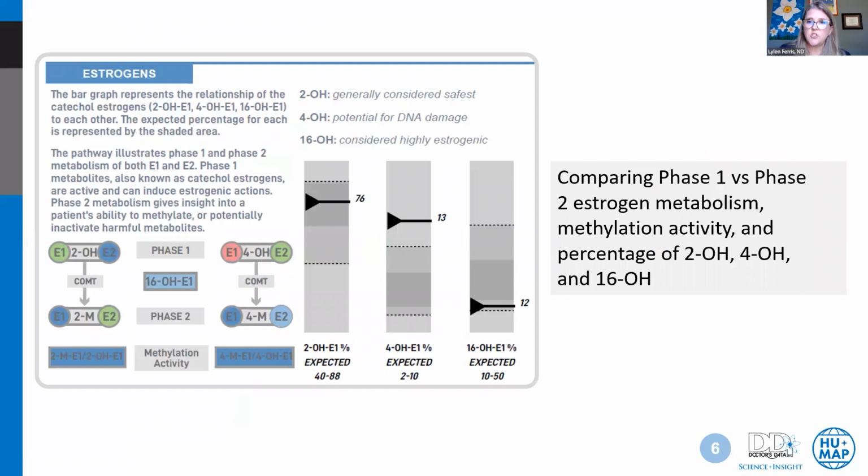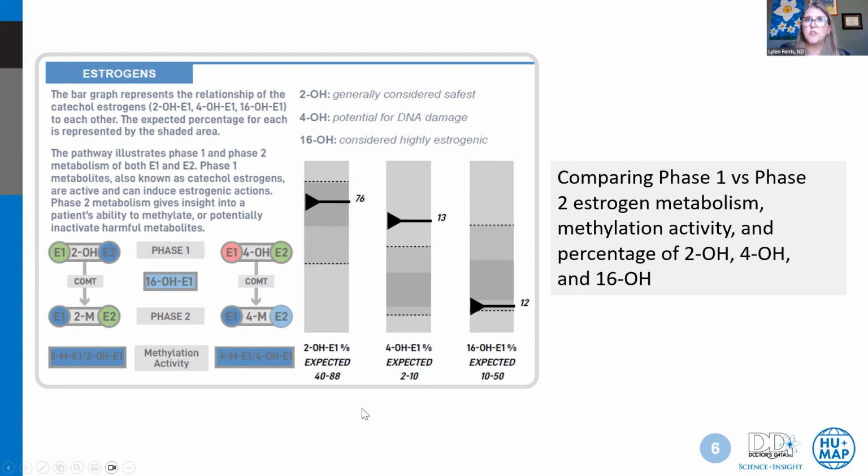In the estrogen section on the summary page, we highlight the 2-hydroxy, 4-hydroxy, and 16-hydroxy metabolites and how they are being methylated. You can see here we've got phase 1 of the 2-hydroxy and 4-hydroxy pathway, as well as 16-hydroxyestrone, and the way that these are moving into phase 2. We also have bar graphs here on the right.